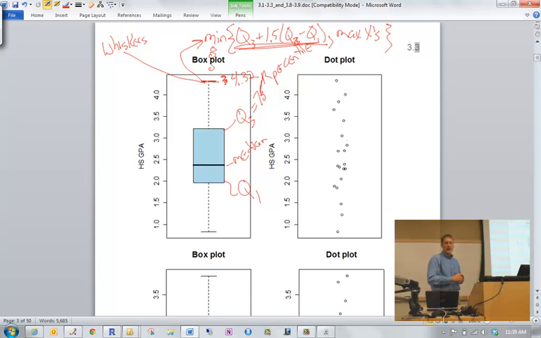Okay? The bottom line here is drawn in a very similar manner. It's a minimum of Q3 minus 1.5 times Q3 minus Q1, and the minimum of the x's. The min or the max of those two? Excuse me? It's not the max of those two.